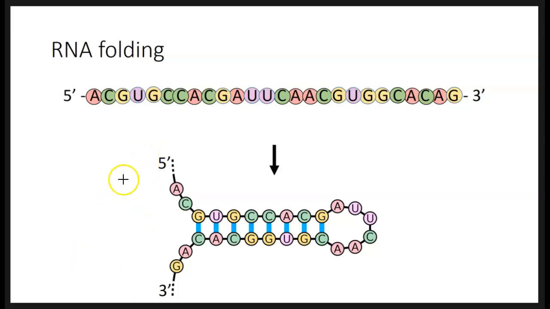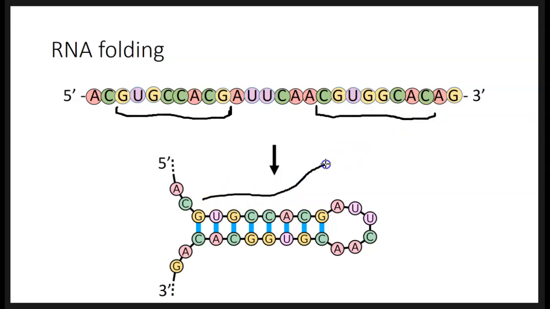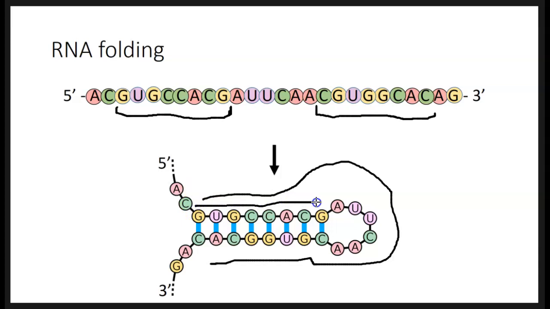Right? So here we have a chain of RNA bases. And if you look very, very closely, you will see that this sequence of RNA bases here is complementary to another sequence of RNA bases found later in the molecule. Right? So if that RNA folds on itself, these strands of complementary bases can base pair with each other because the 5' end of this side of the hairpin is opposite to the 3' end of the other side of the hairpin.